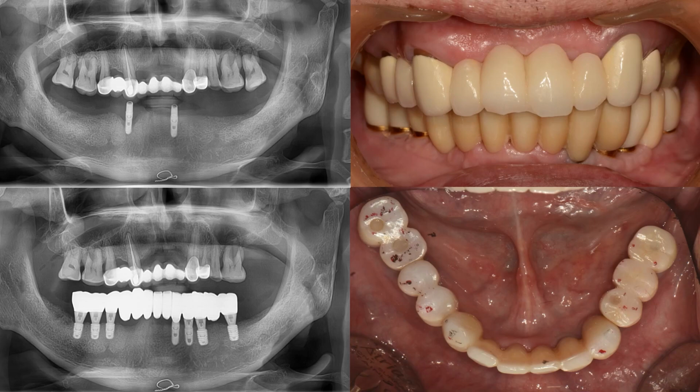In this case, the space was insufficient, but an overdenture was done at another clinic and the patient came to me. With continuous fracture, he felt a lot of discomfort, and the number 43 implant moved, so I had to remove that. And with 3 pieces, I changed to fixed prosthesis, and the patient could recover stable chewing.